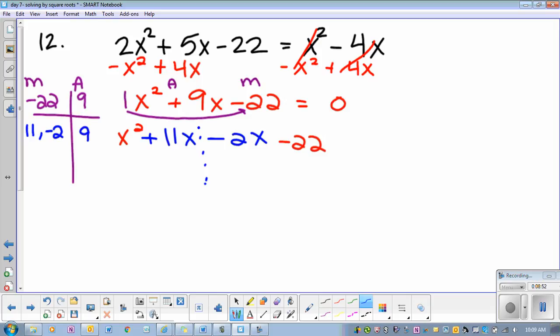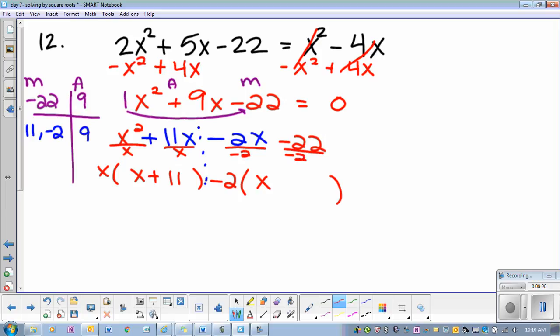Let's find the GCF of both sides. X is the GCF on the left side. On the right-hand side, what's my GCF? Negative 2. If it's starting with a negative, you've got to bring that negative down.